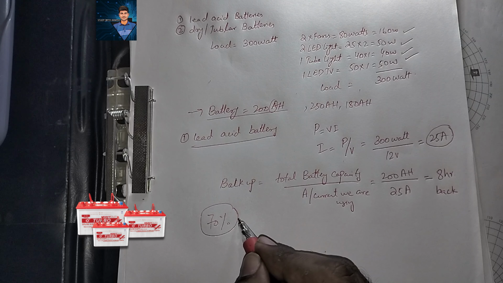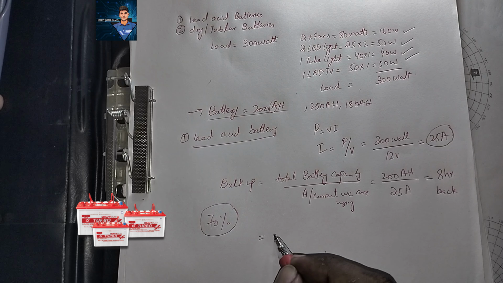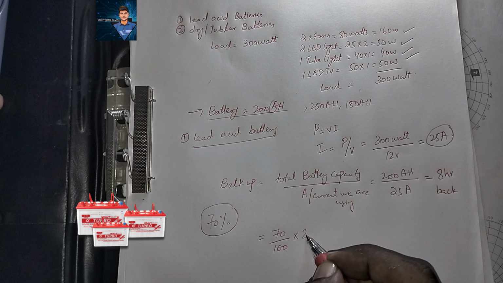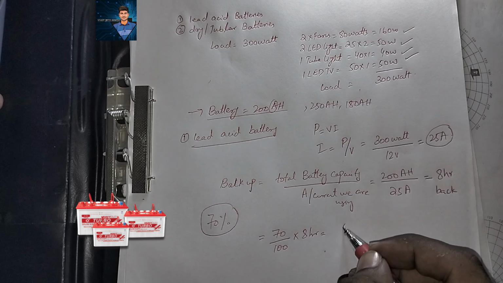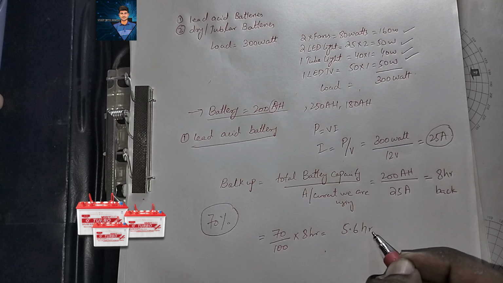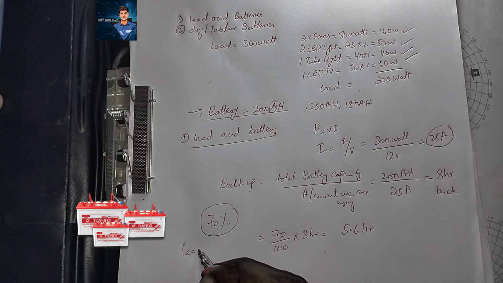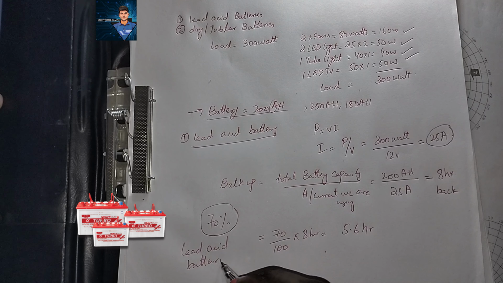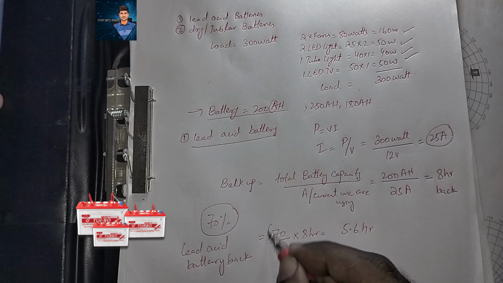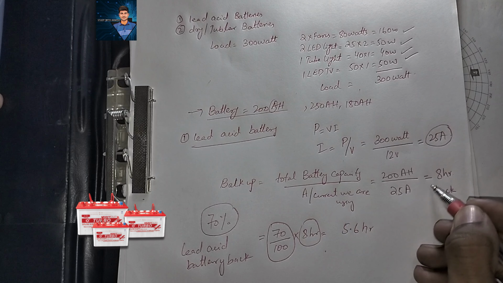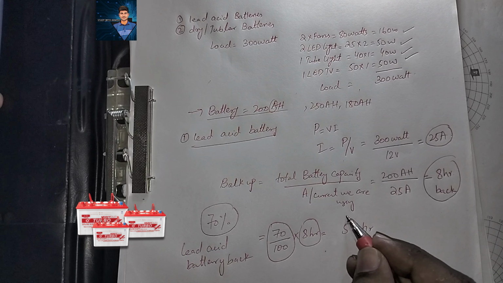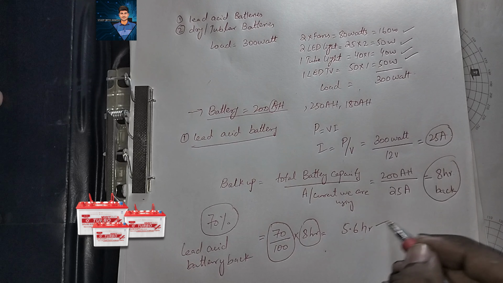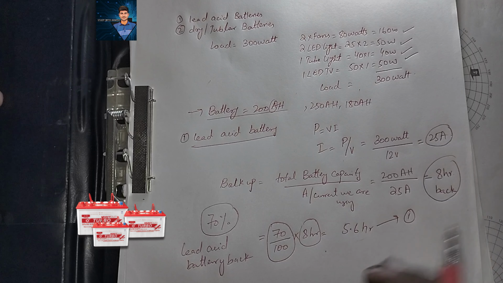So for lead acid battery backup, it will be 70% multiplied by the 8 hours that we have calculated before, so it will provide us 5.6 hours of battery backup. So a lead acid battery will provide about 5 hours of battery backup.